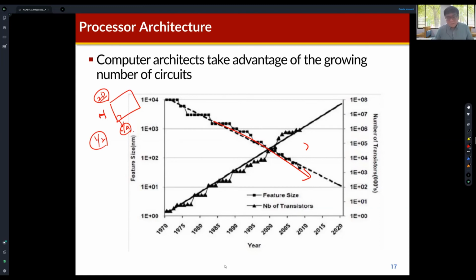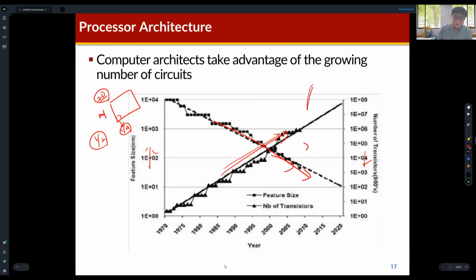Okay, so as the semiconductor technology advances, the size of transistors is reduced, and definitely the number of transistors in a single chip increases. So as you can see, this is a log scale axis, which means the number of transistors in a single chip increases exponentially.